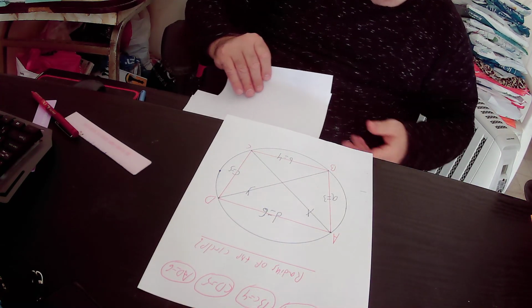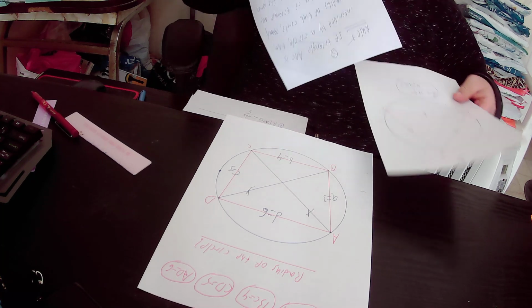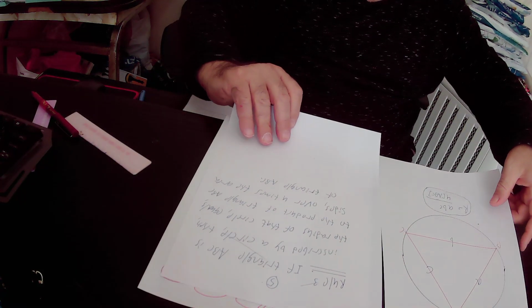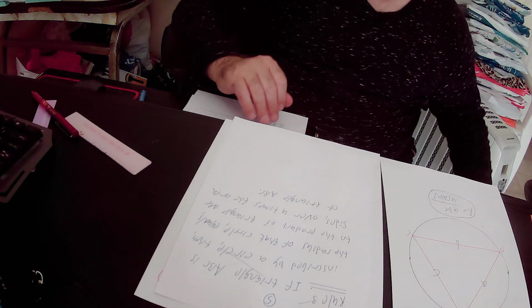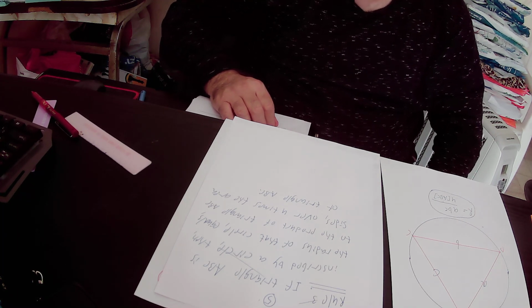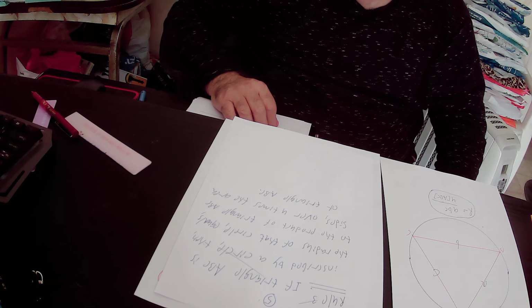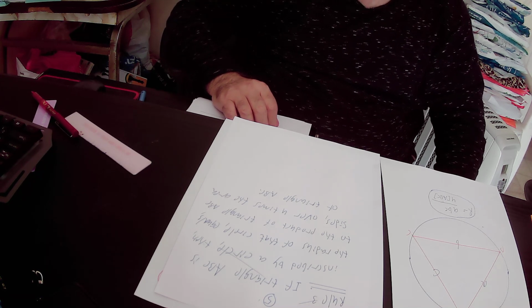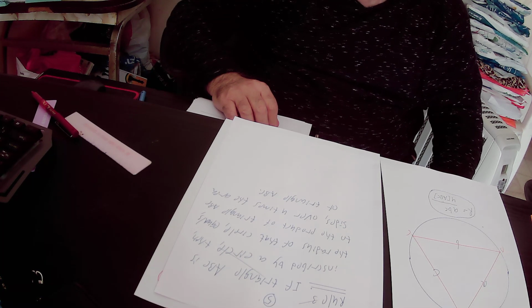According to rule number 3, if triangle ABC is inscribed by a circle, then the radius of that circle equals the product of triangle ABC's sides over 4 times the area of triangle ABC.